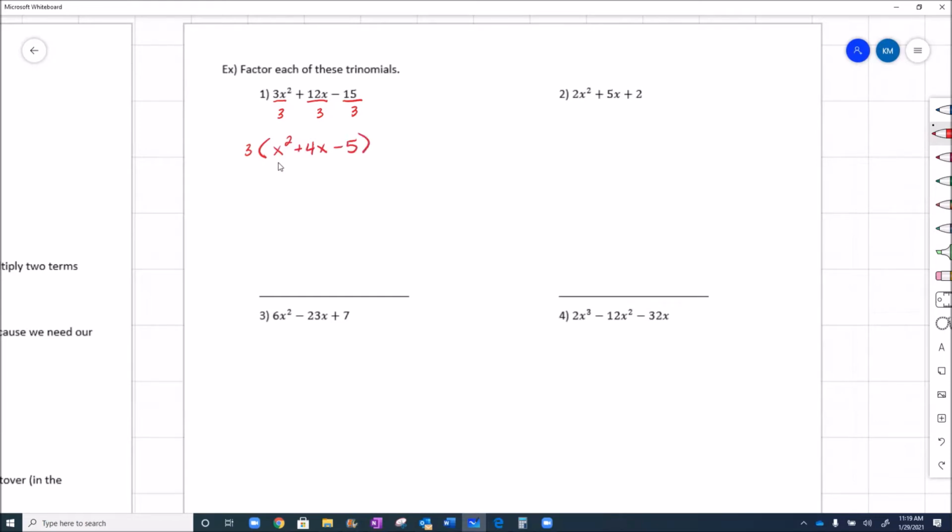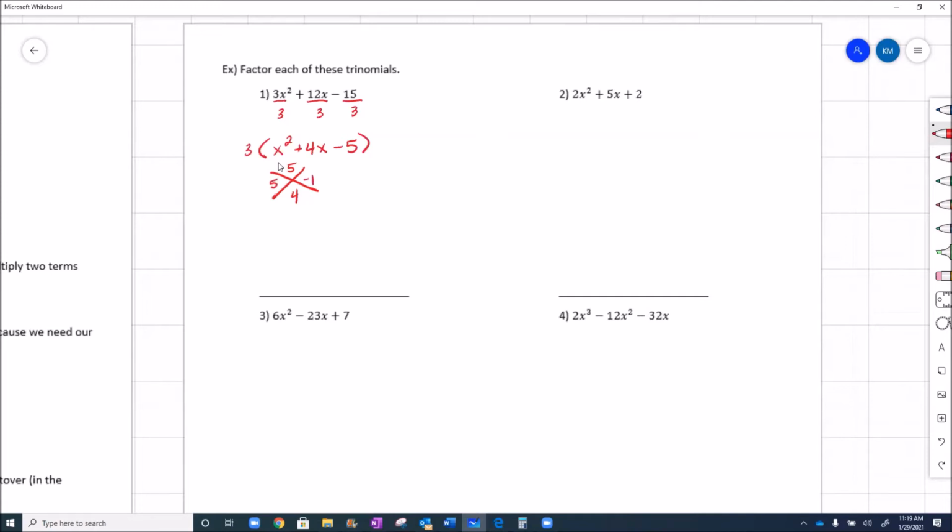Okay, no other common factors in here. 3 is out here. Great though, because a is 1. So I can just find two numbers that multiply to give me negative 5 and add to give me 4. So multiplies to give me a negative, adds to give me a positive. That means our signs are different and our larger sign's positive. So I'm going to say 5 and negative 1.